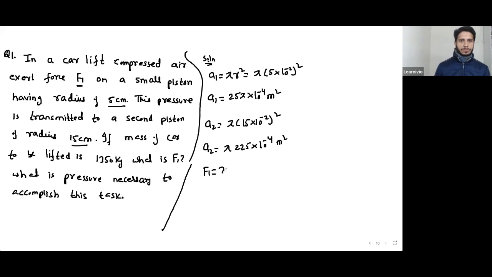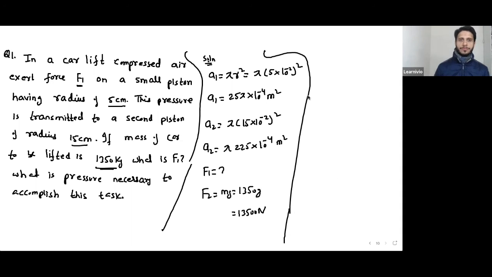F1 is unknown, but you know F2. What is F2? F2 is the force required to lift this car, which is equal to the weight of the car. The weight of the car is 1350 multiplied by g, so it's 13500 Newton.